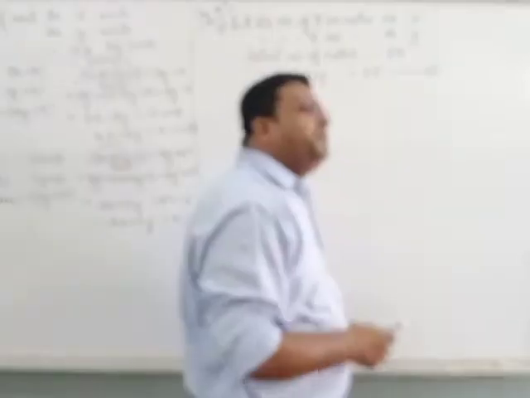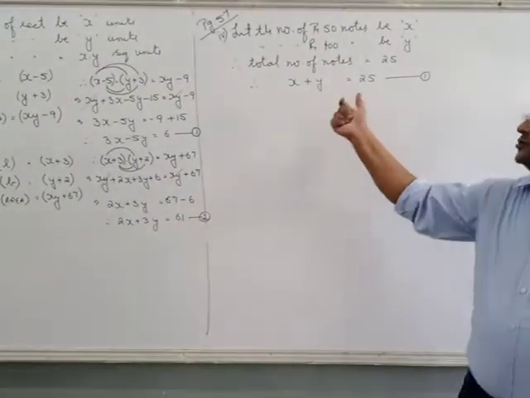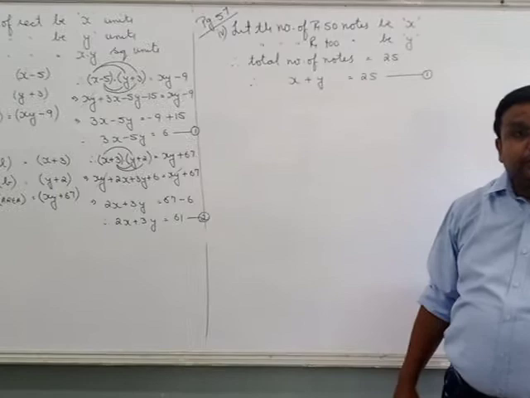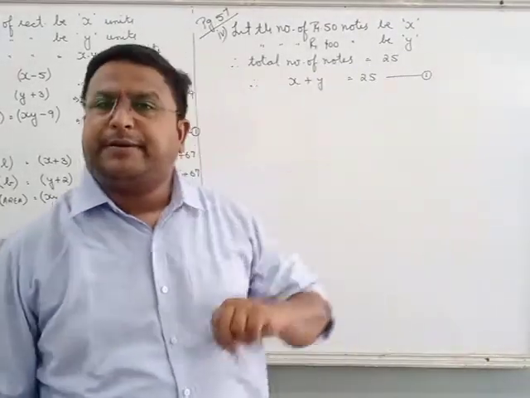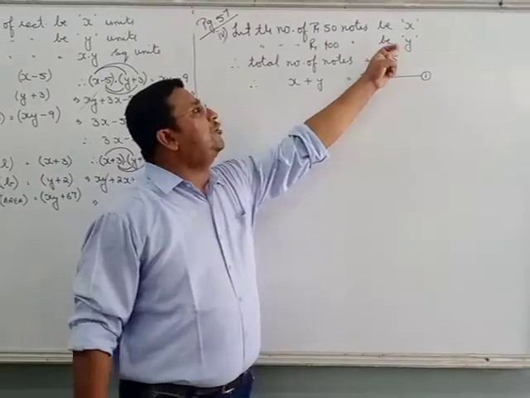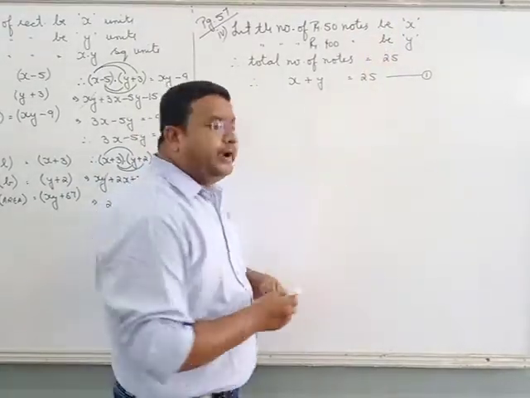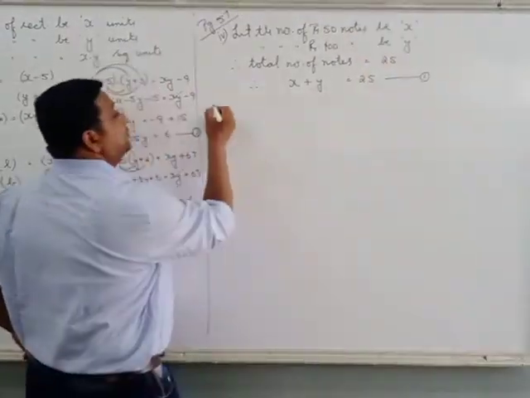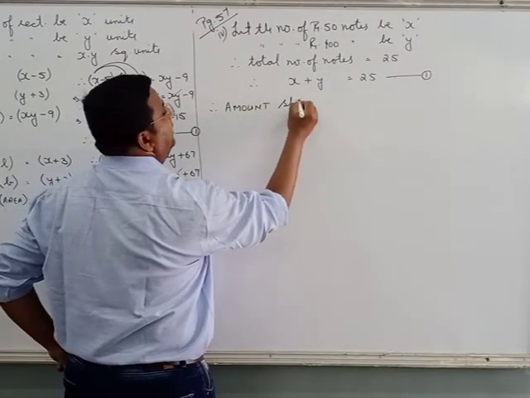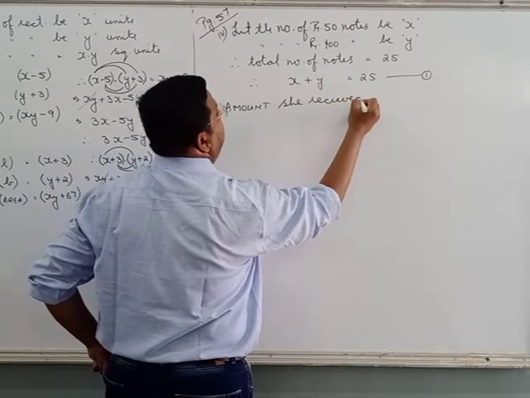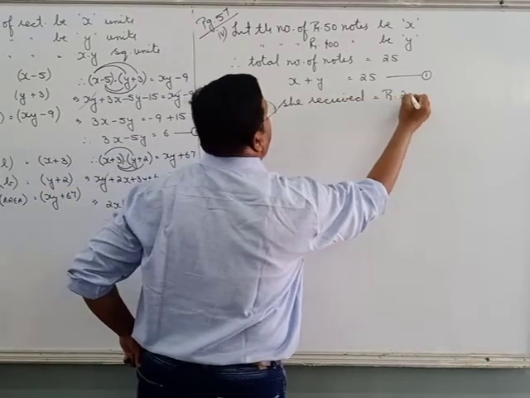How many rupees did she get in these 25 notes? 2000. What is the value of 2 notes of 50 rupees? 2 multiplied by 50. What is the value of 3 notes of 100 rupees? 3 into 100. So the amount she received is equal to rupees 2000.